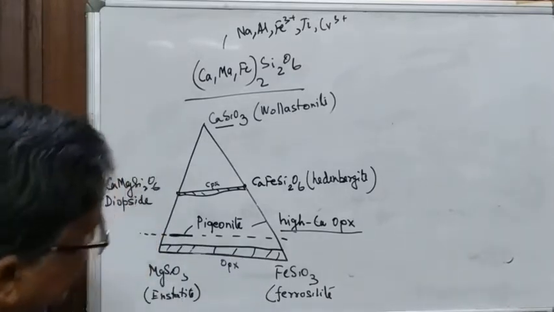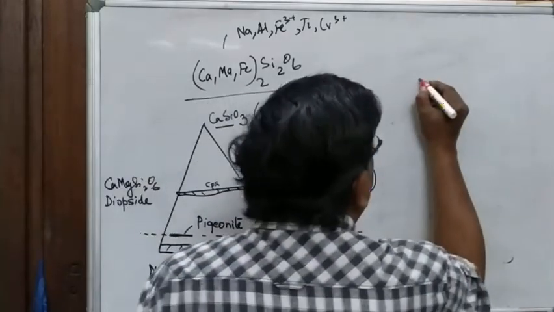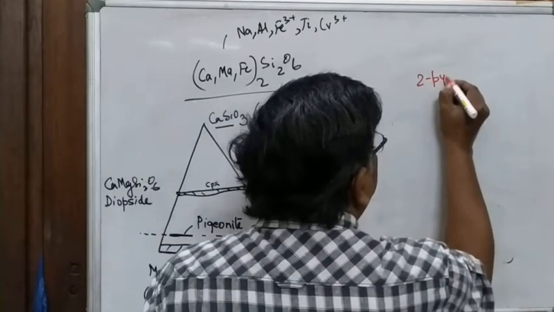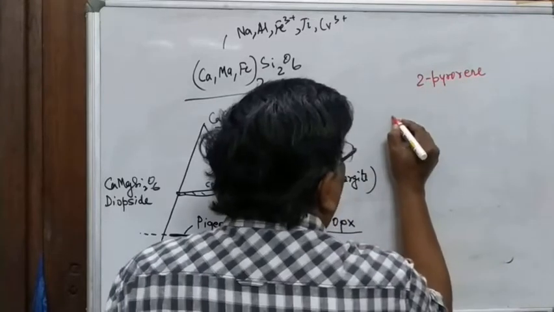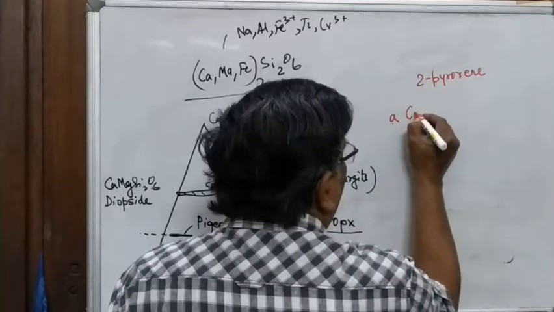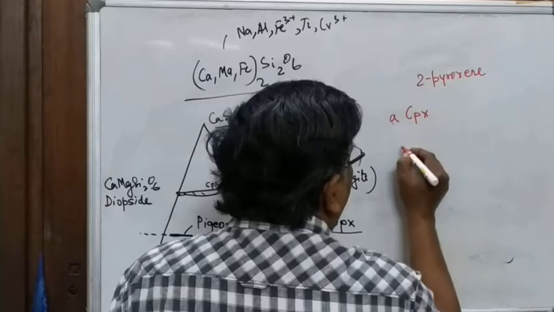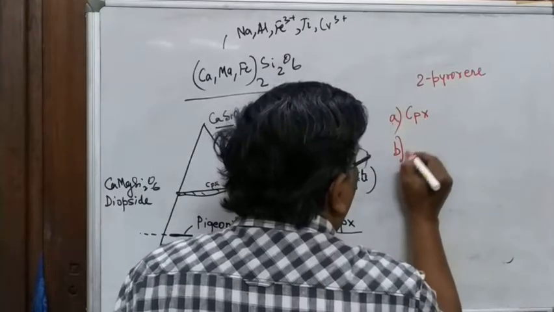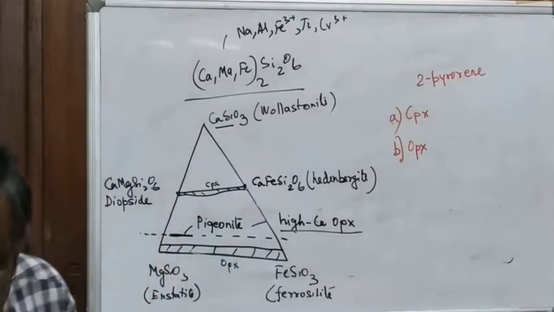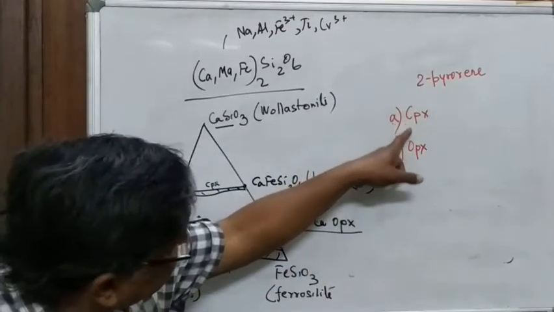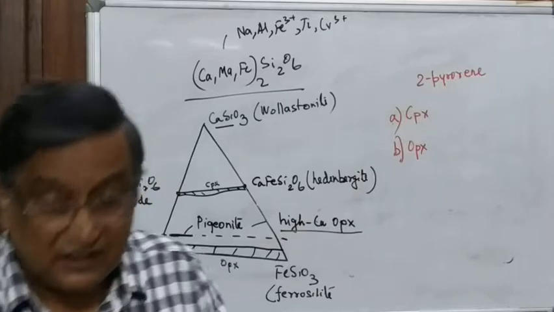Right? Let's say I have two pyroxenes, meaning I have a clinopyroxene and an orthopyroxene. These are two phases.